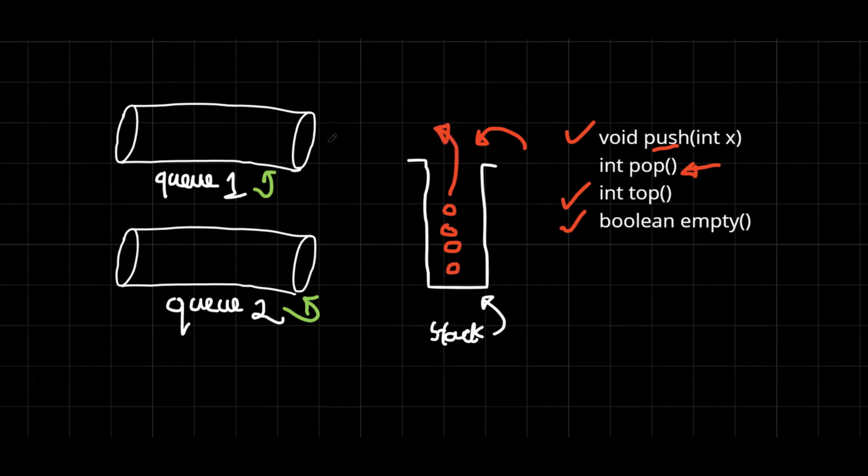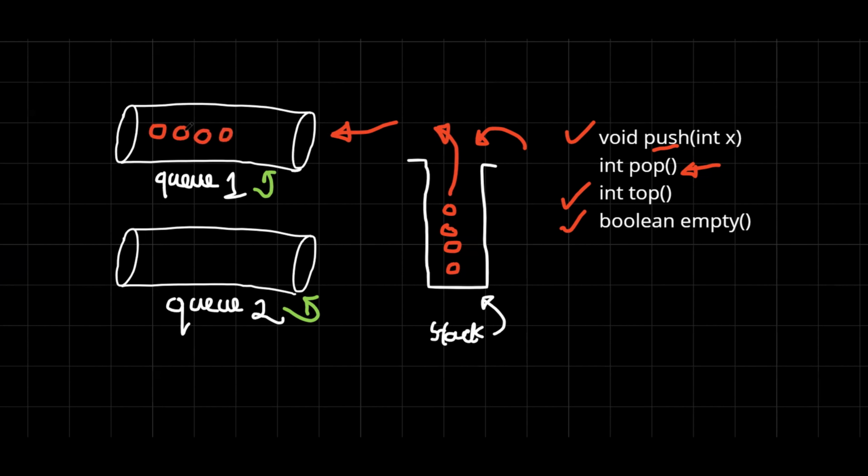But the queue follows almost a reverse mechanism. Here, if we push any element into the queue, it will be at the first position. Then after that, if we push anything else, it will be stored in subsequent order.